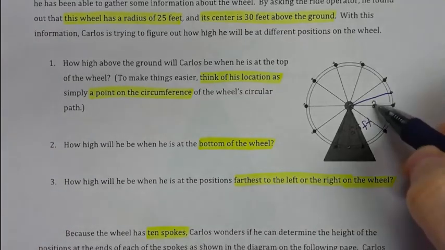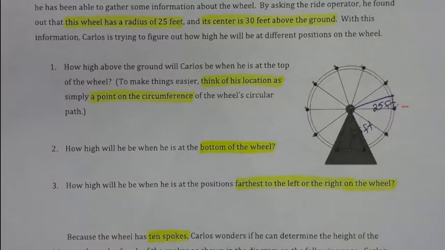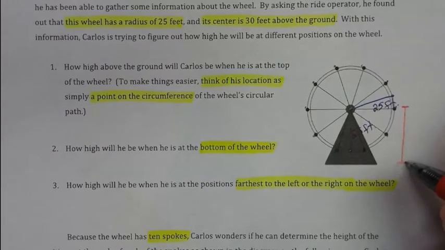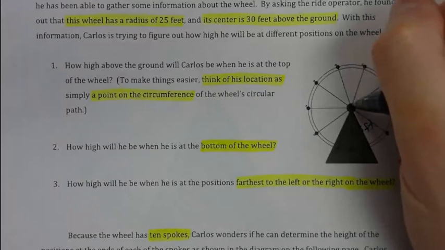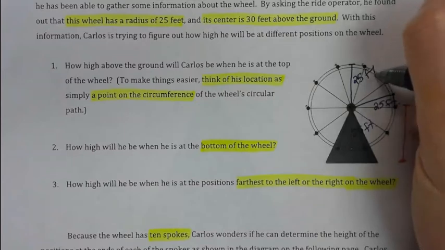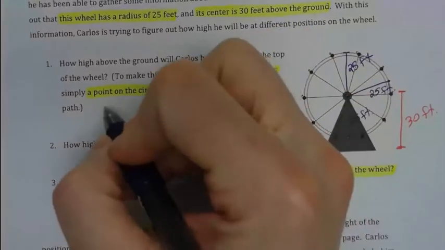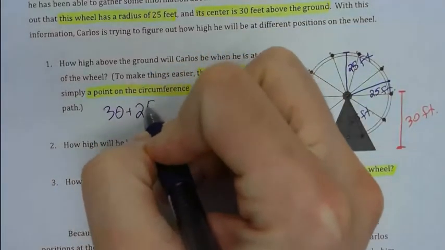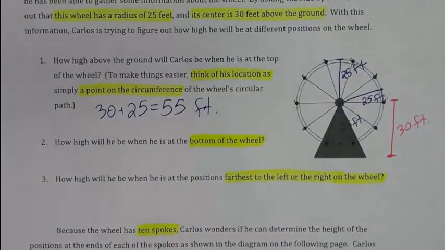We also know that from the center of the wheel to the bottom is 30 feet. So if I knew that this was 30 feet, and I knew that the radius itself to the top is another 25 feet, that means that the answer to how high above the ground he will be at the very top will be 30 plus 25 for a total of 55 feet off the ground. Nothing too complicated so far.